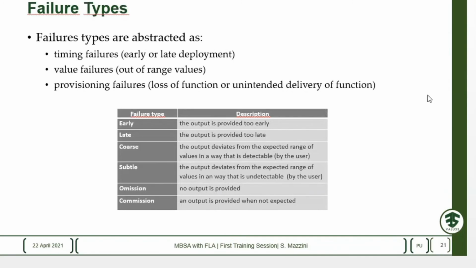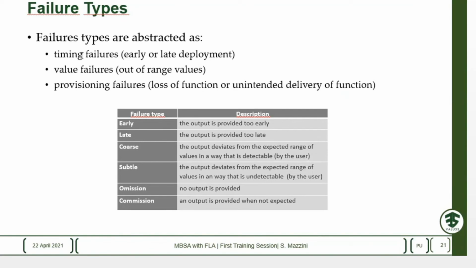What are the failure types that are considered in these techniques? Failures are abstracted in these techniques because they are considered at a very high level of the system.